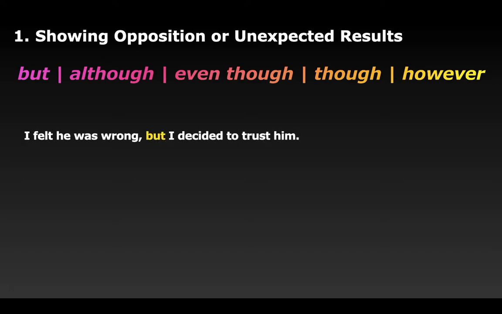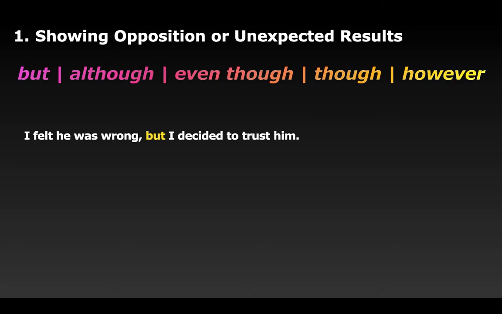The first one is but. I want us to look at this sentence. I felt he was wrong, but I decided to trust him. This is something that's very familiar to us. So we use but when we are talking about opposition or unexpected result.